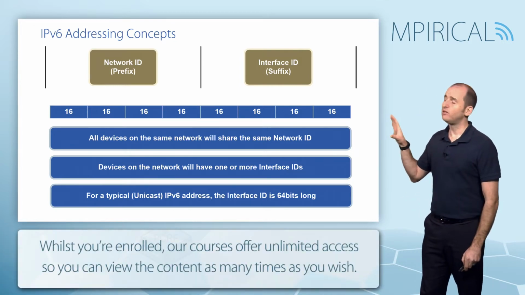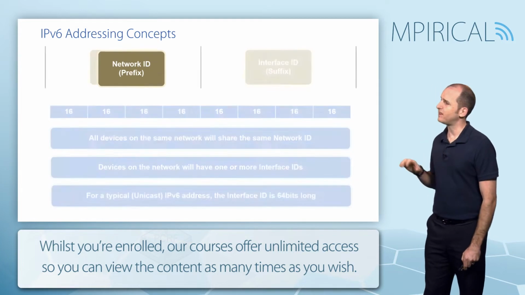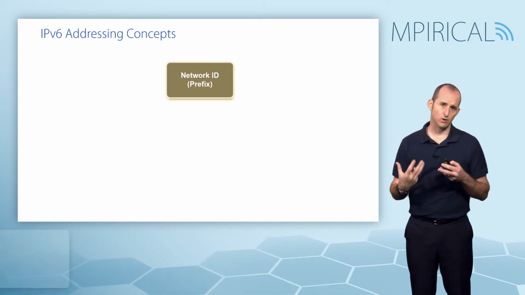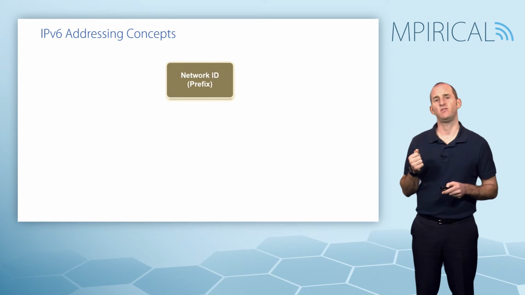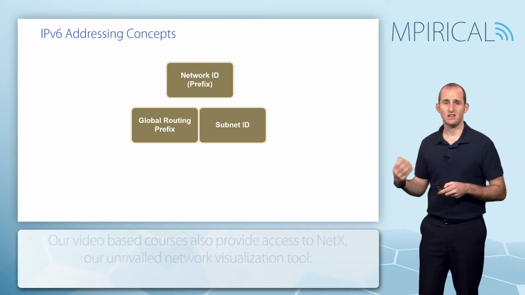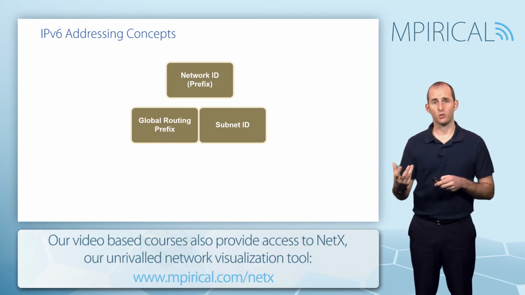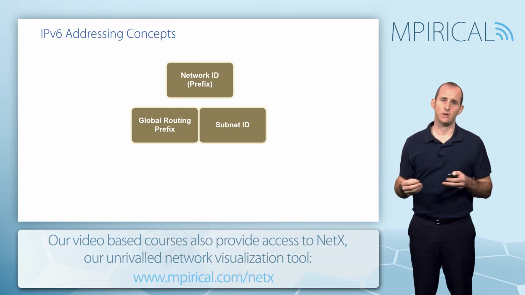However, if we delve further into this address composition, particularly with respect to the network ID, in actual fact, we can break this network ID down even further. And again, this is similar to IPv4, because in IPv6, it's recognized that subnetting of the network will be required because we are dealing with such very large address spaces.